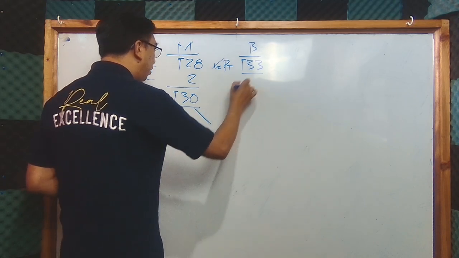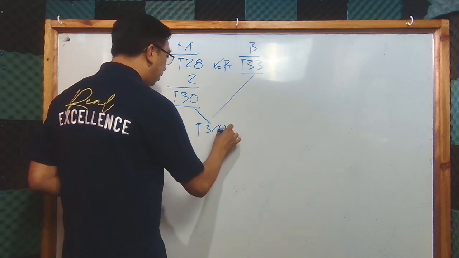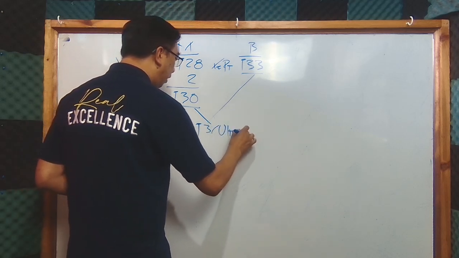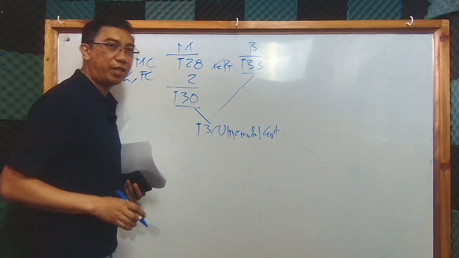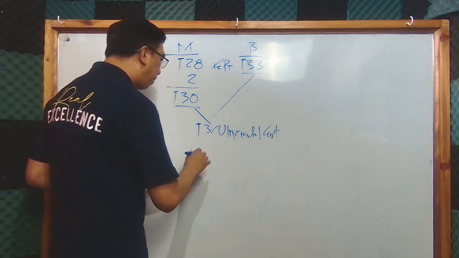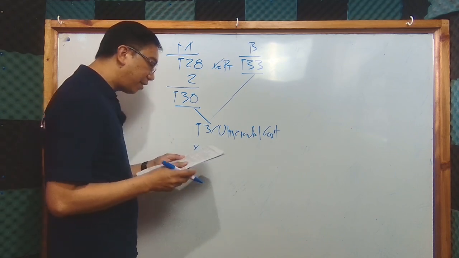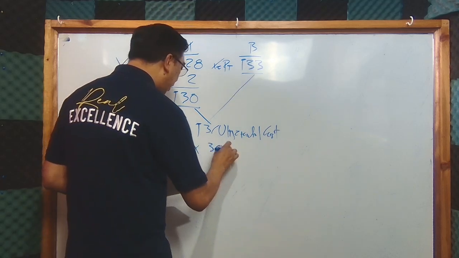So class, they have to recover, meron tayong 3 pesos per unit incremental cost. So dapat ma-recover mo yan, di ba? So how much is the incremental cost? That is 3 pesos per unit times, ilan ba lahat-lahat ang kailangan nito? The company needs 30,000.